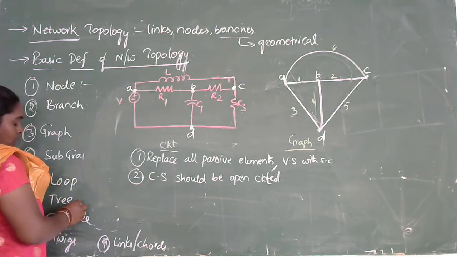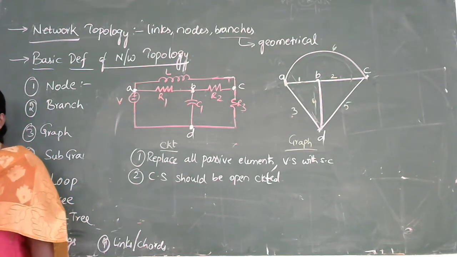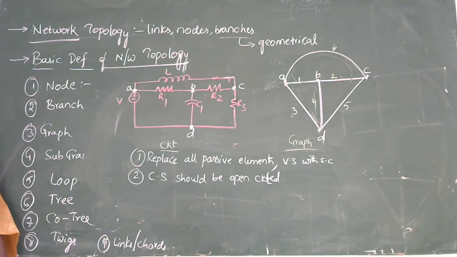The important concept of graph theory is, if I want to find out the voltages and currents of a particular circuit using graph theory, we must have a perfect idea regarding tree theory.